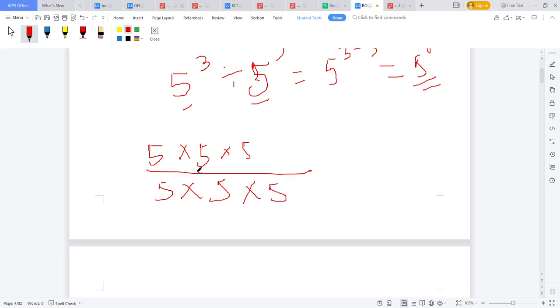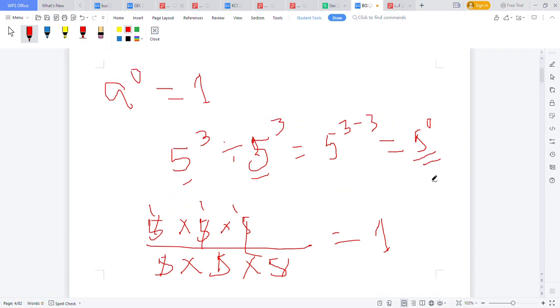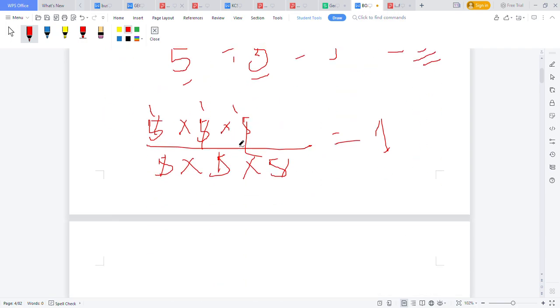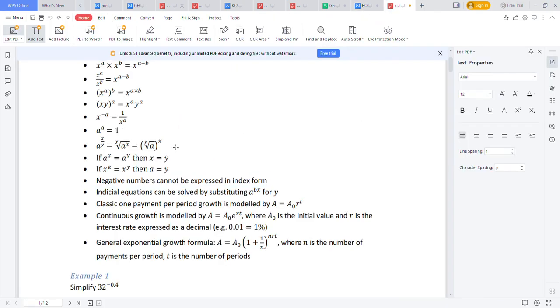So we are proving that. This goes here once, this also goes here once, this goes here once. So here we are going to have 1 times 1 times 1. You are going to get what? 1. So that's why we say any number raised to power 0 is equal to 1. I have explained that. Let's move to the next law.